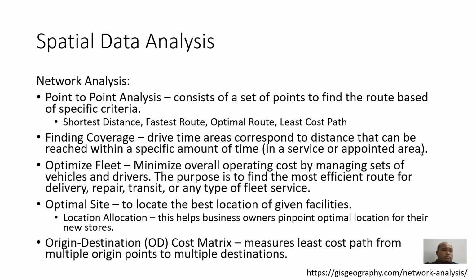The optimal site locates the best location of given facilities. So one of the functions is location allocation. This helps business owners to pinpoint the optimal location for their new stores. It is a way to determine the best locations based on roads connectivity.